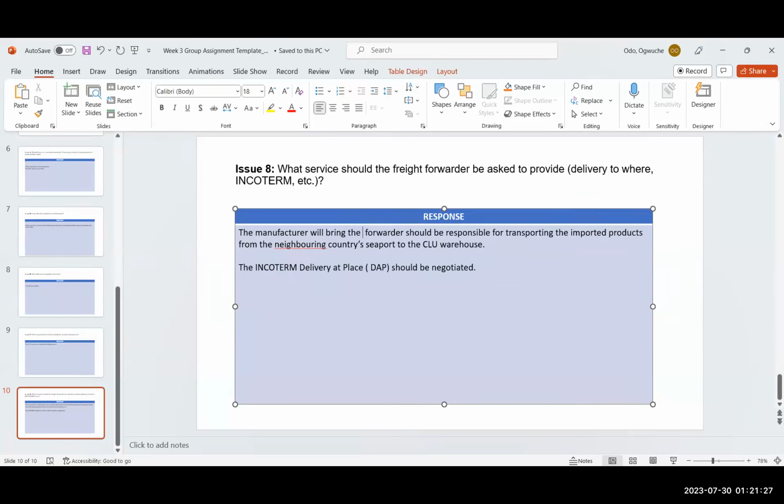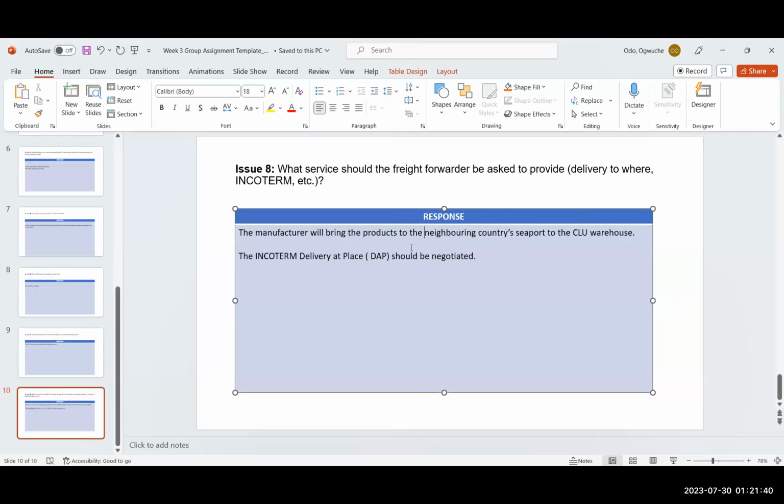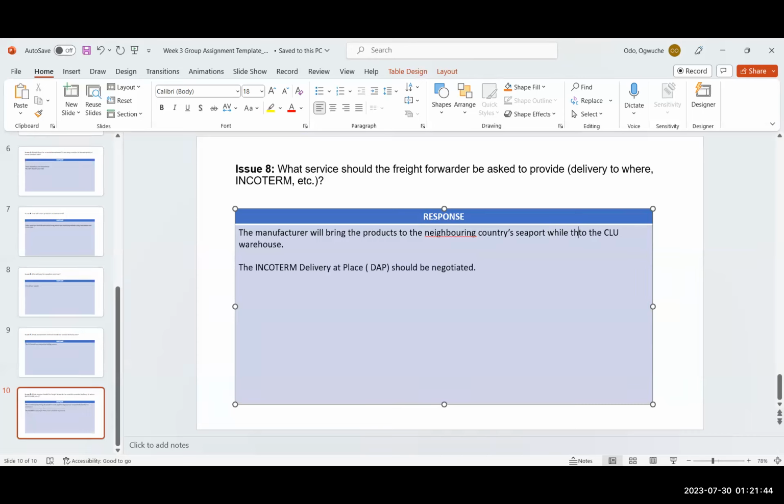Okay, so for everyone's understanding, Incoterm is international commercial terms for trade, and it is specified in all transport contracts or supply contracts where a product has to move from one place to the other. Incoterms specify who bears the cost of the product, who bears the risk or responsibility of the product, and finally, if there is insurance, who pays for the insurance.